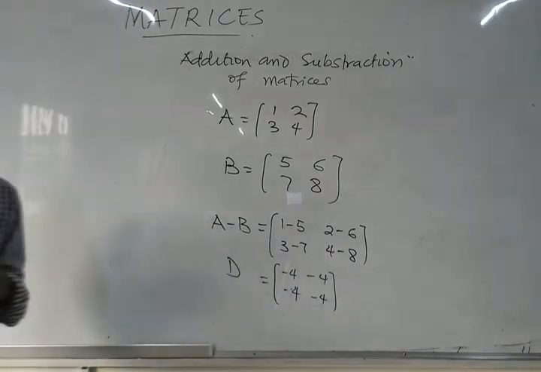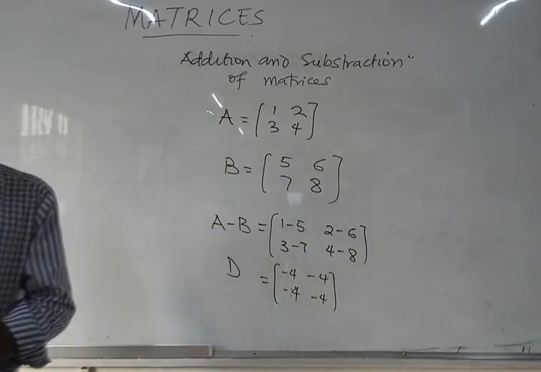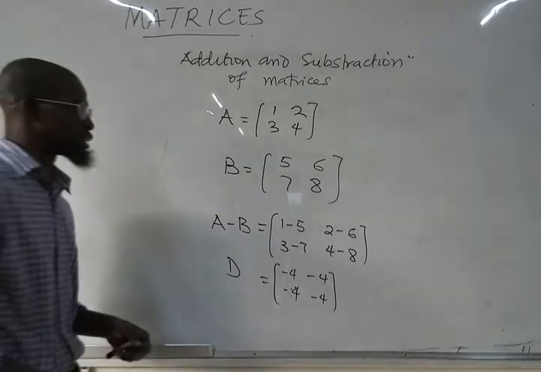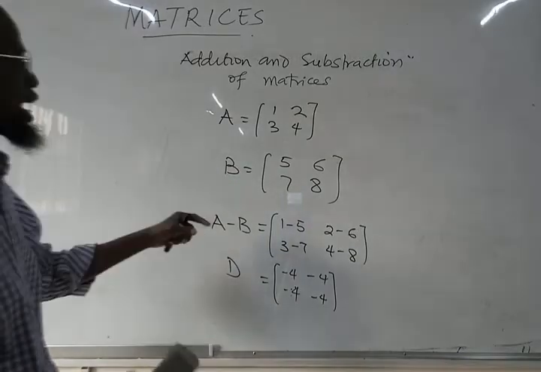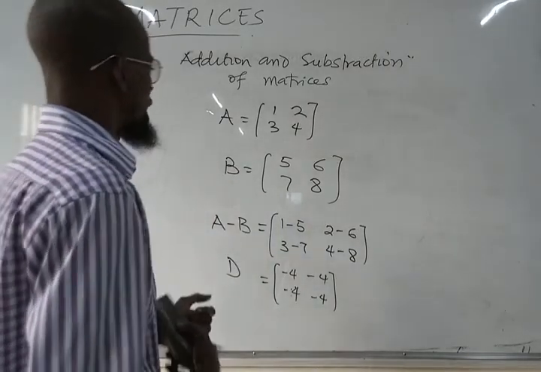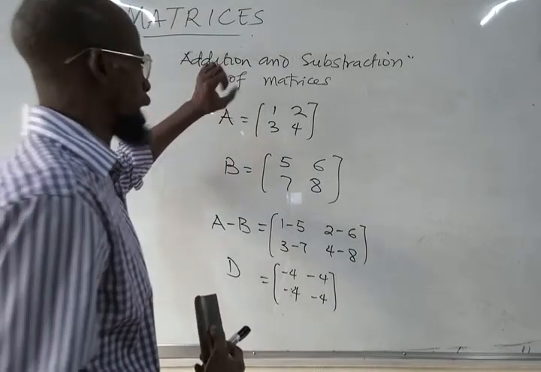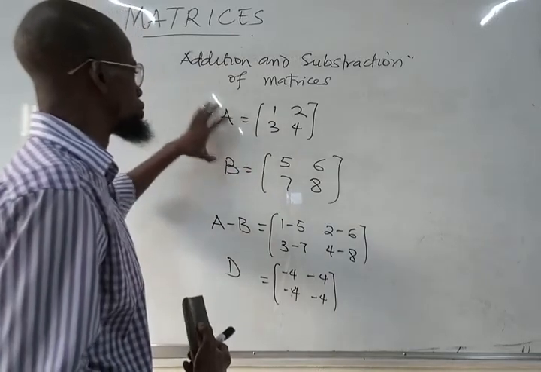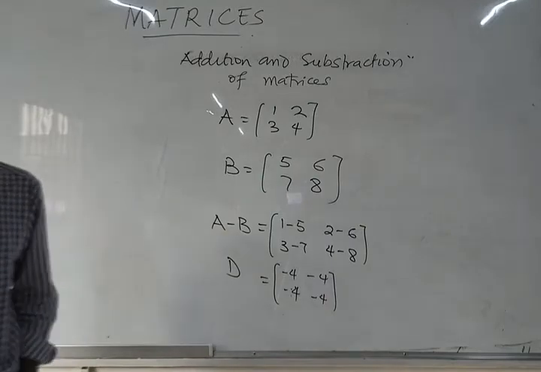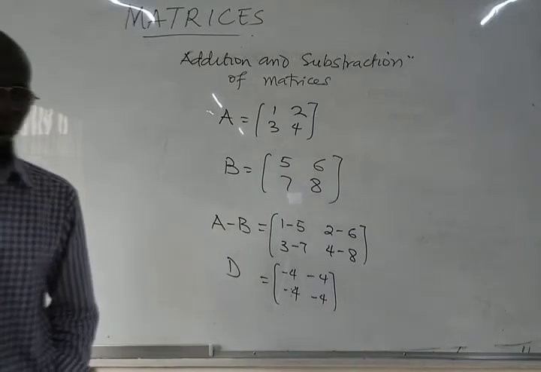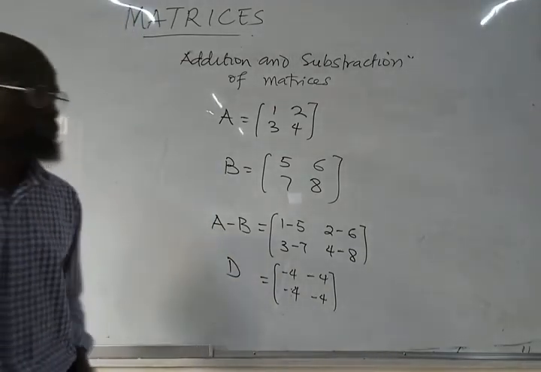So let's quickly look at the multiplication of a matrix by a number. How do we multiply a matrix by a number? For the addition and subtraction of matrices, what I was trying to say is that before you can add or subtract any matrices, they must have the same format, that is the same rows as well as the same columns.